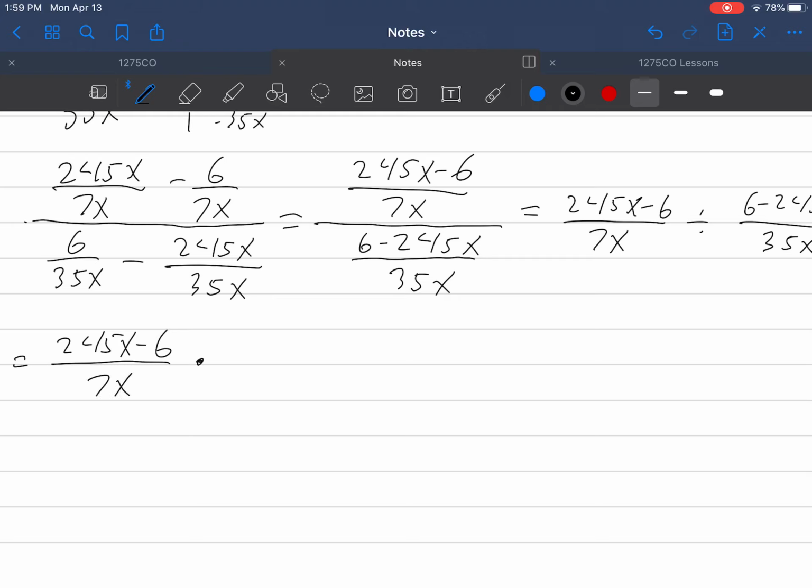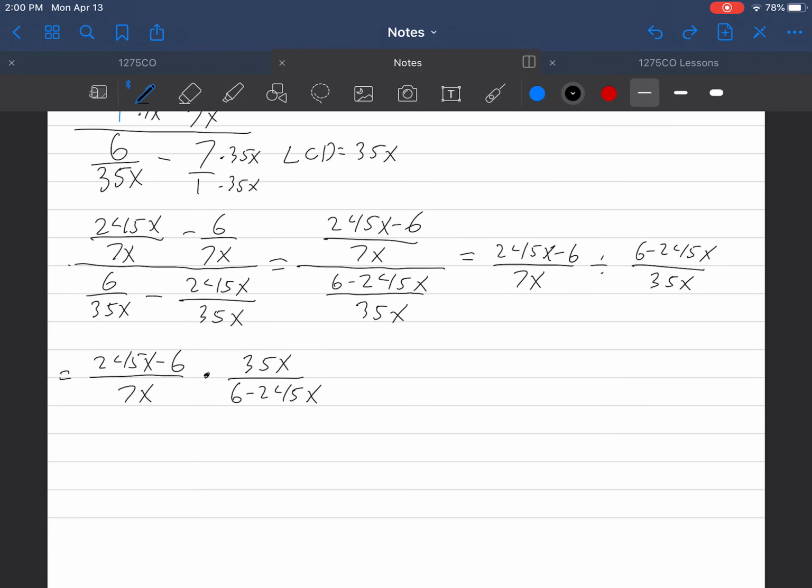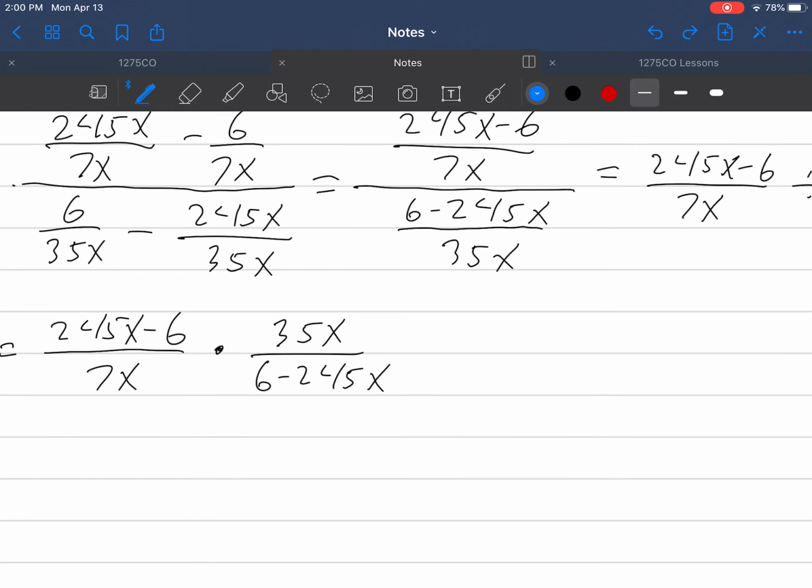245x minus 6 over 7x times 35x over, this should be 6 minus 245x. Again, we are flipping the second fraction. So something kind of unique happens here, which is that 245x minus 6 and 6 minus 245x are not exactly the same, but because they are reversed with the subtraction sign in between, they do cross out.